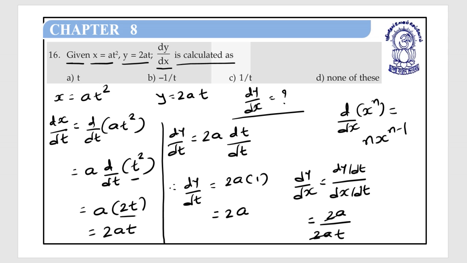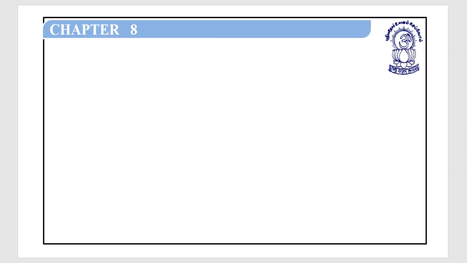So 2a cancels and it is equal to 1 upon t. So the answer is option C, 1 upon t.